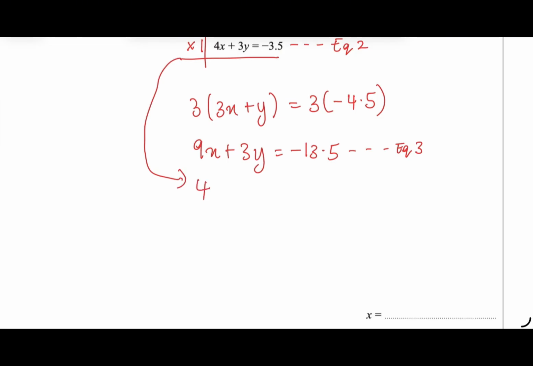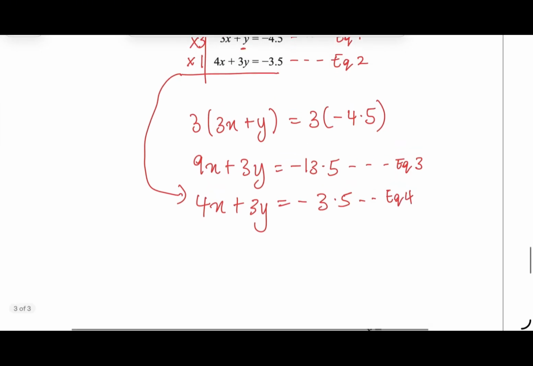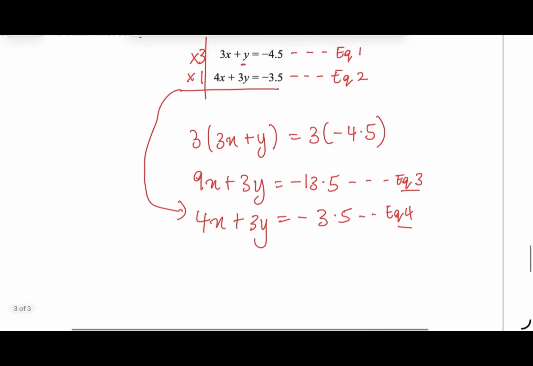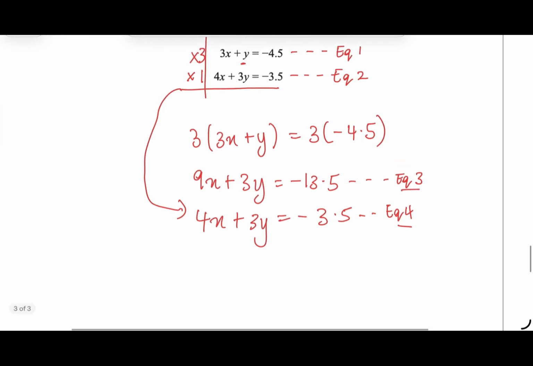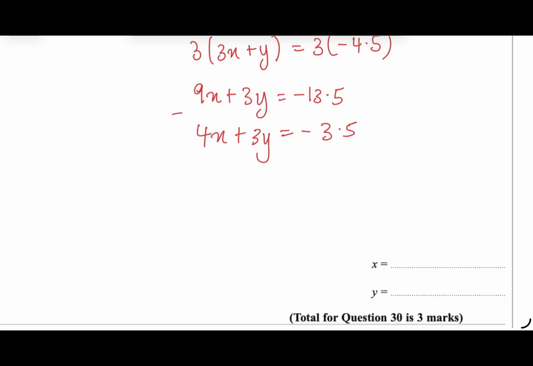So just bring it down here as 4x + 3y = negative 3.5, which is your equation 4. I've just done that to explain how we generate the new equations that we eventually use to solve for x or solve for y.